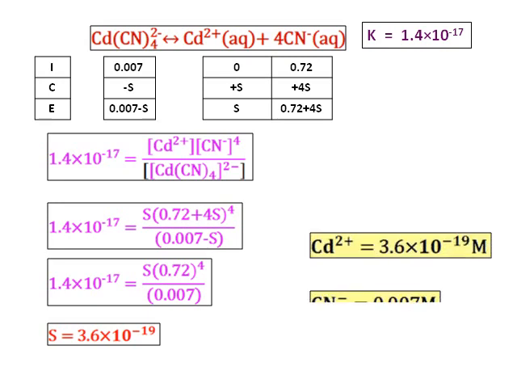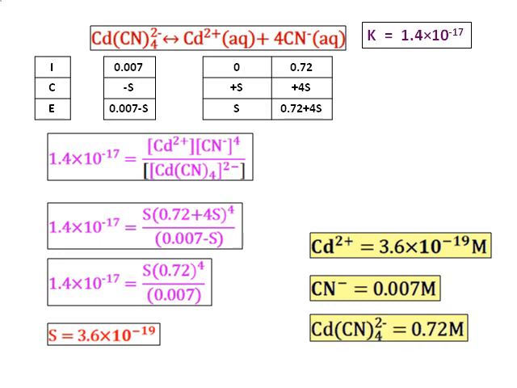This value of S is the concentration of cadmium ions, and the concentration of cyanide and the complex can also be calculated. If you look at the values there, the concentration of cadmium ion, we assumed it to be 0, but it is a very low value. And the concentration of the cadmium cyanide complex is the same as what we got on the previous page as the equilibrium concentration.